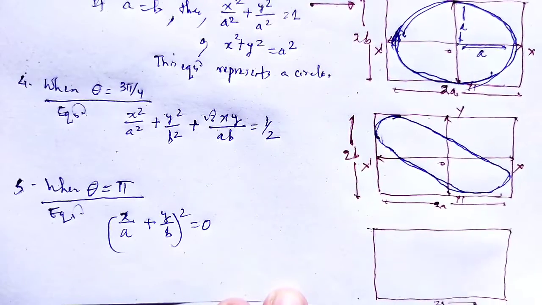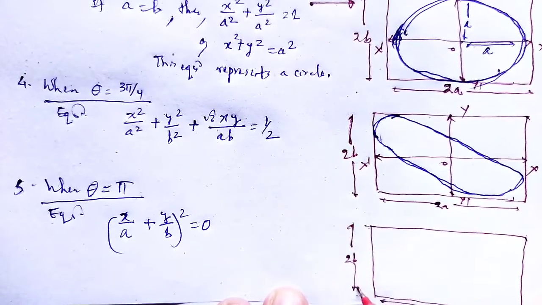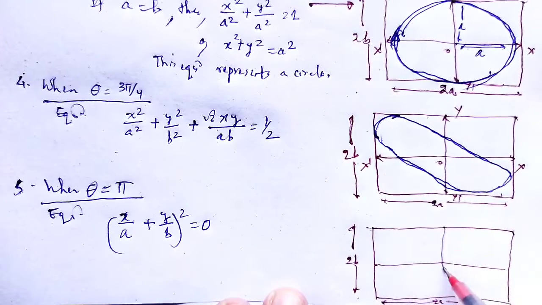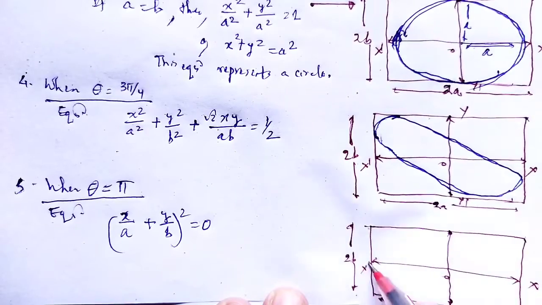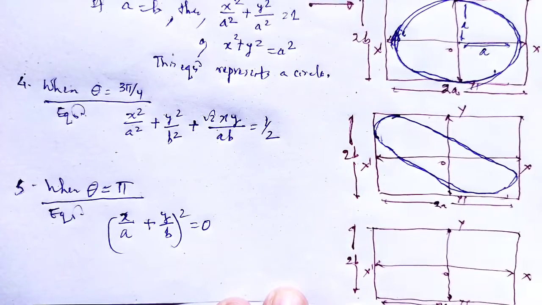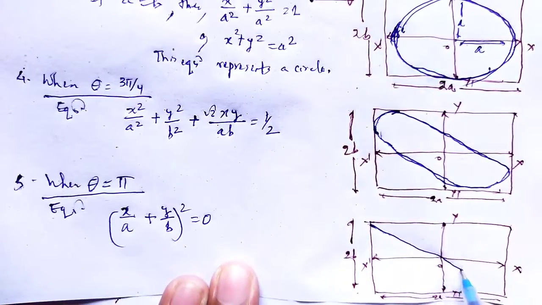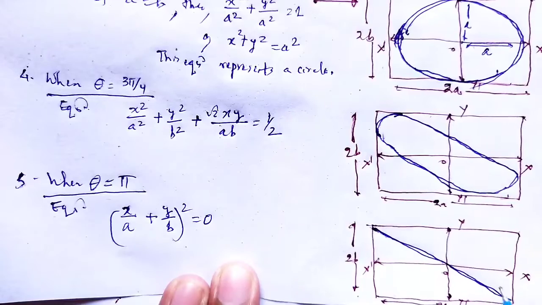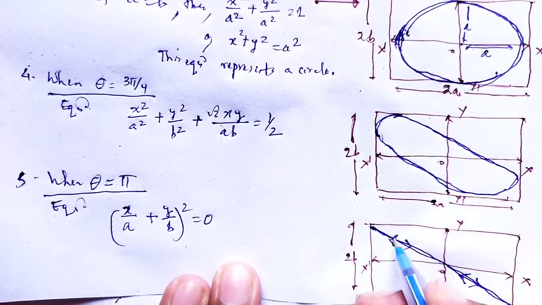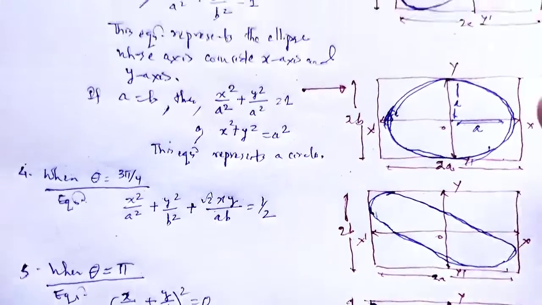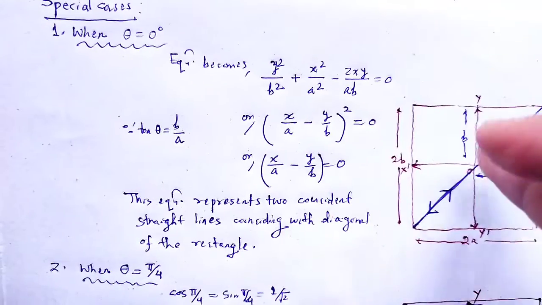Here the figure looks like this. These are the representations of the Lissajous figure by analytic method. That represents a straight line. The direction again passes oppositely, just opposite to that figure when theta is equal to 0 degree.